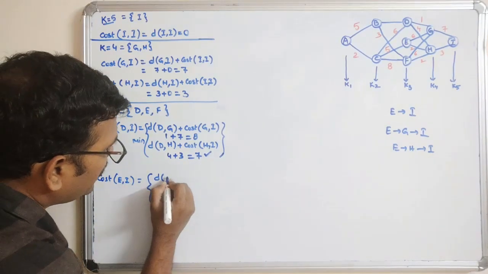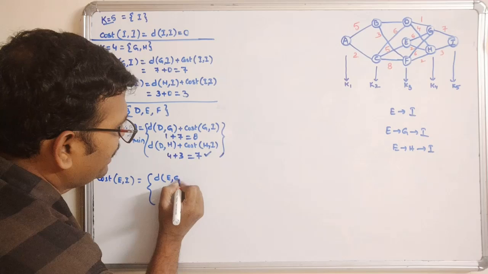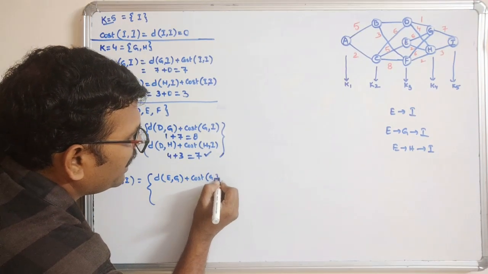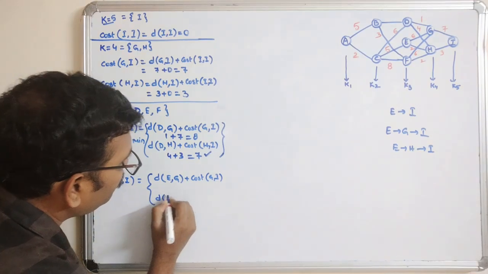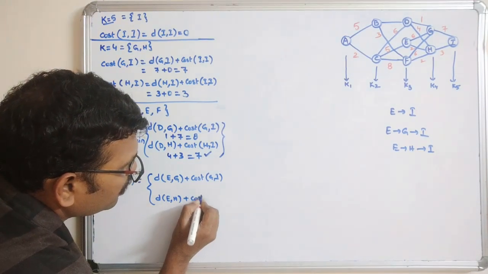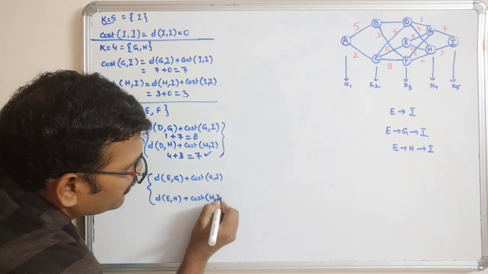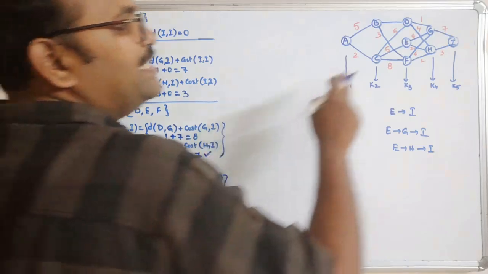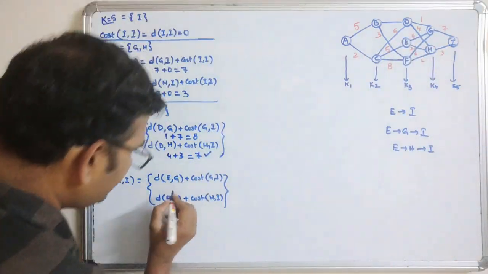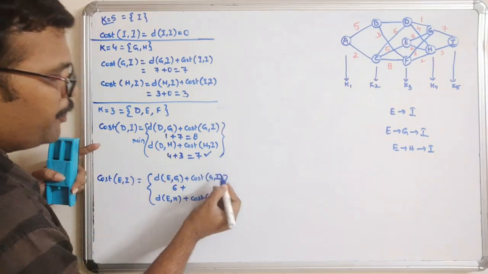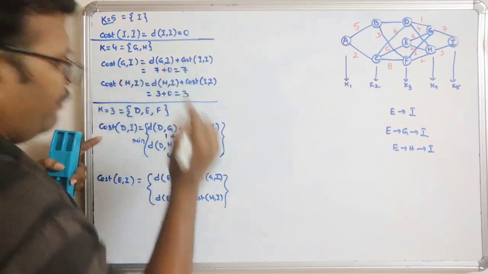So the distance of E comma G plus cost of G comma I. Similarly, the distance of E comma H plus cost of H comma I. We need to find out the minimum among these two. The distance of E to G is 6 plus cost of GI, already pre-computed, which is 7.